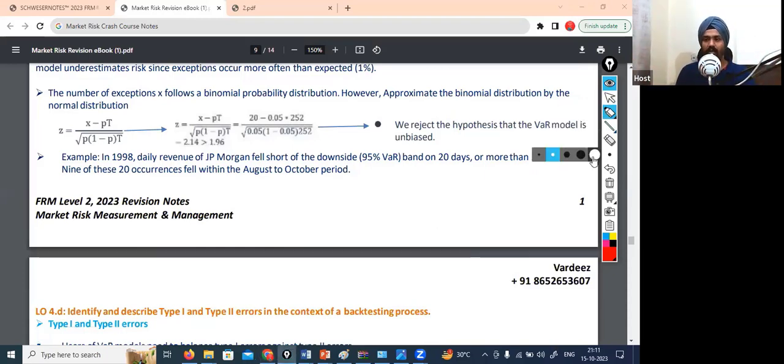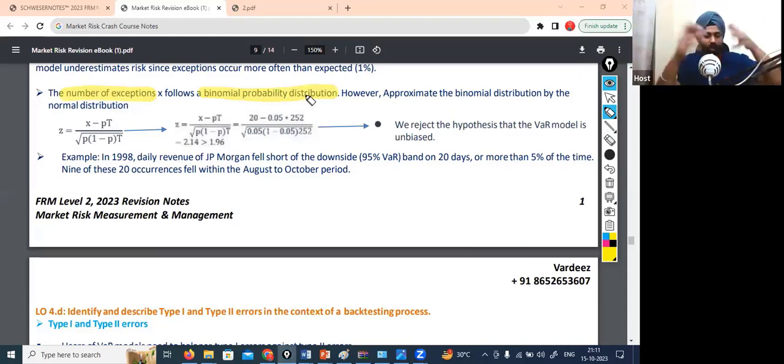Okay, now let me tell you, there is a concept of number of exceptions. They follow a binomial probability distribution. If I talk about exceptions, like, let's talk about today. Did we see an exception? Yes, no. It's a binomial. Tomorrow, yes, no. Every single day is independent.